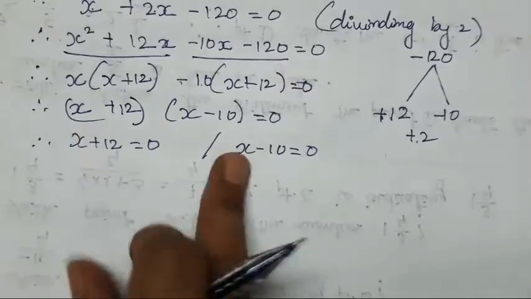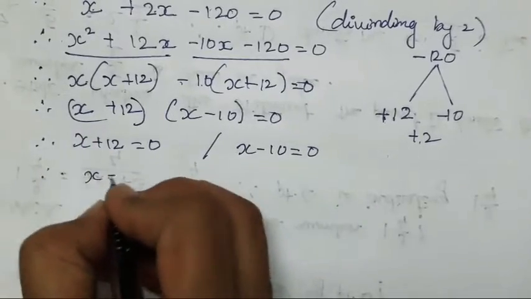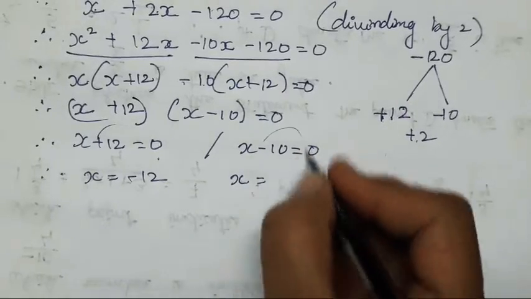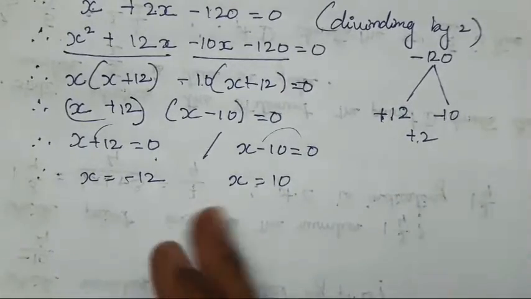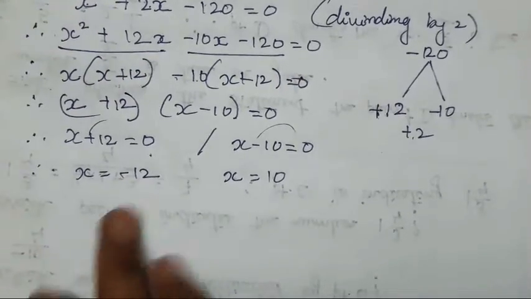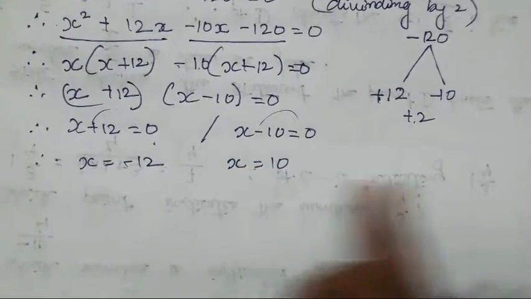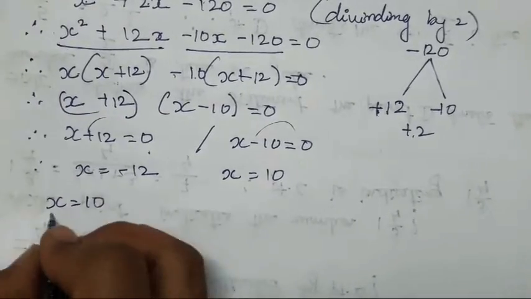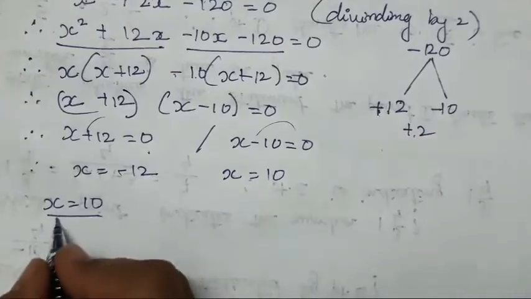Okay, separately I have taken it. Now therefore x is equal to, when it changes its sign, plus will be minus, and minus will be plus. Now as I said, negative numbers we cannot count in natural numbers, isn't it? Therefore x is equal to 10 is your answer. So x is 10, and what we needed, the second number, we got x.